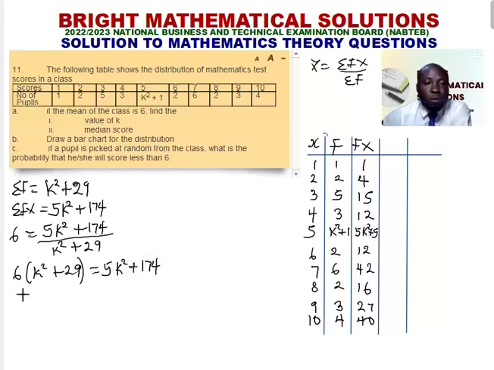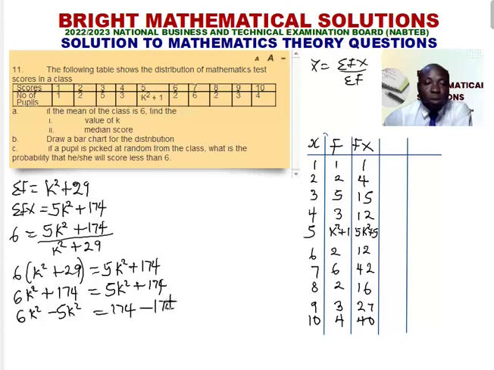So by the time we multiply, this gives us 6k squared plus 6 multiplied by 29, that gives us 174, equals 5k squared plus 174. So by the time we collect the like terms, 6k squared minus 5k squared equals 174 minus 174.